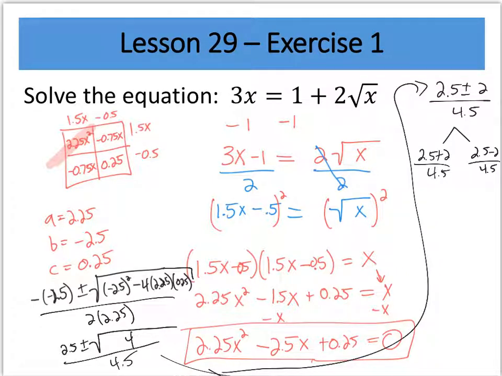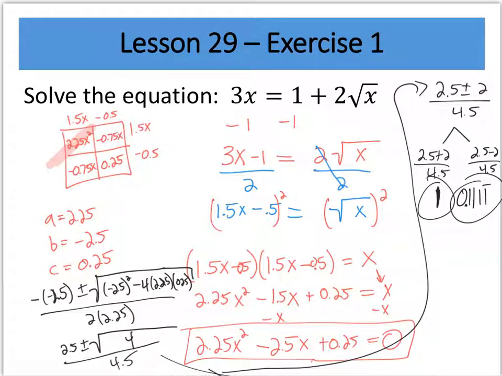2.5 plus 2. So that ends up being 1. And then this is 0.5 divided by 4.5 is 0.1111 repeating. Yeah, so we get 2 answers, and we should probably check those out.